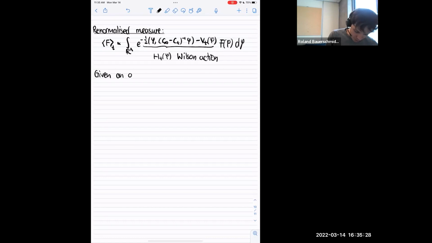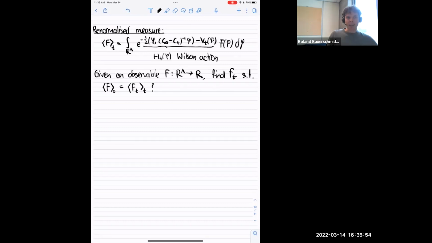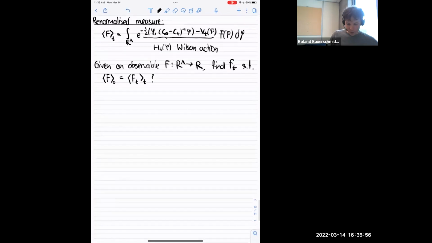Given an observable, say f, which is a function of spins, the question is, can we find ft, a renormalized version, such that the expectation of the observable f with respect to the full measure is equal to the expectation of ft with respect to the renormalized measure? And the answer is, once you know the renormalized potential, yes, we can.